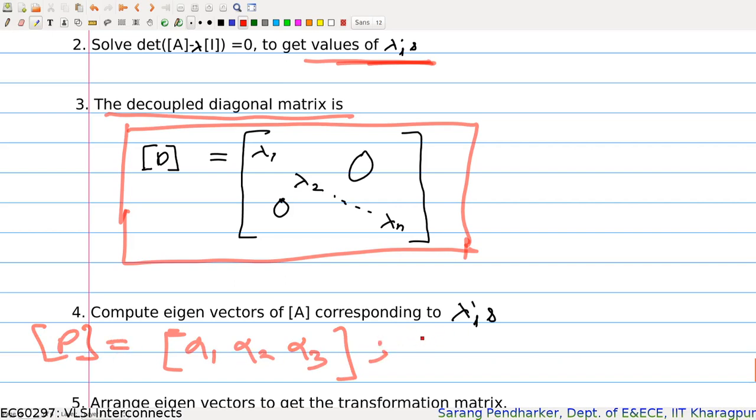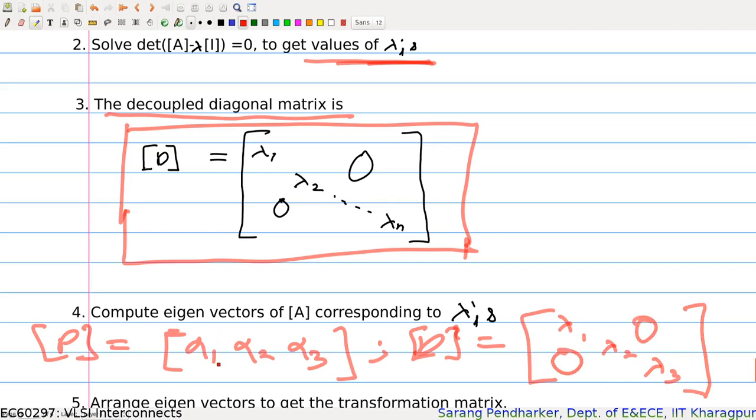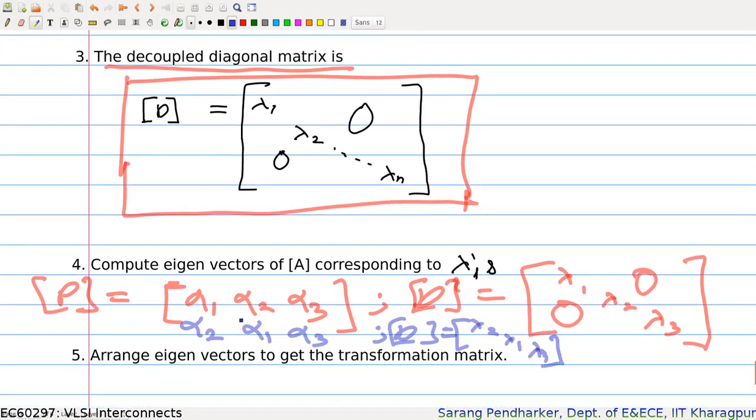In that case, your diagonal matrix would be lambda 1, lambda 2, lambda 3, with the off-diagonal entries 0. Alternatively, you can have alpha 2, alpha 1, alpha 3, but in that case your diagonal matrix would have entries lambda 2, lambda 1, lambda 3. So it is important that you preserve this order.